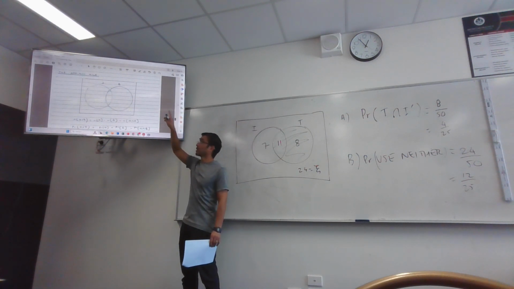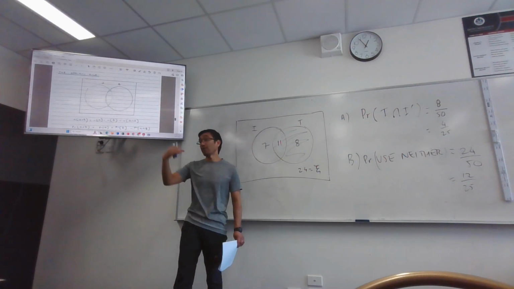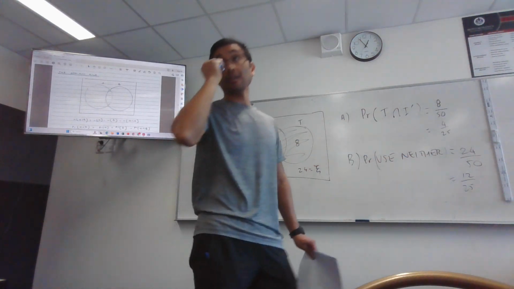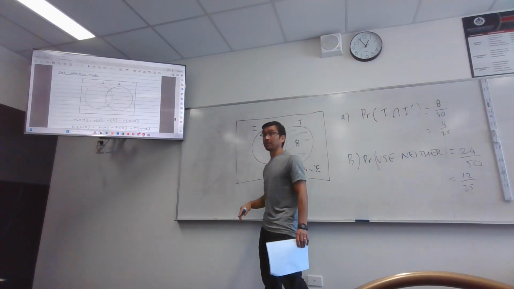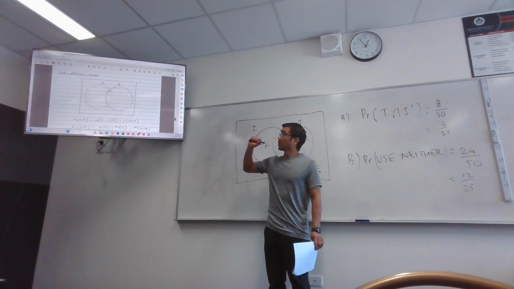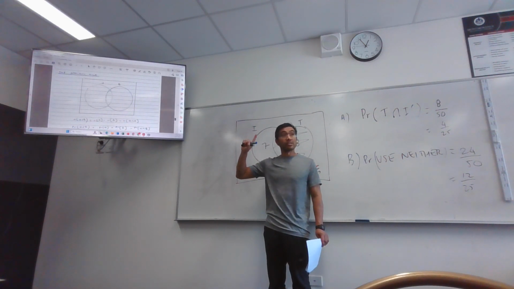For one lolly, can you explain why this equation is what it is? Sorry, Tim? They're both versions of the same thing. Can someone try and articulate in your own words what the addition rule is?